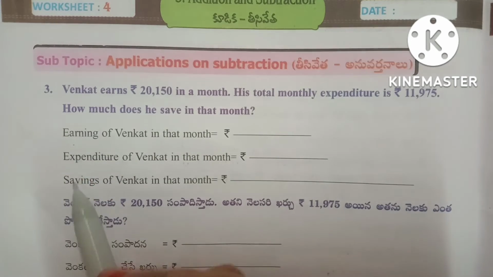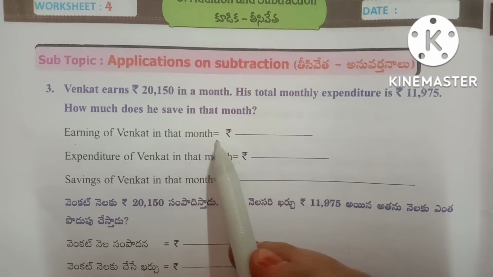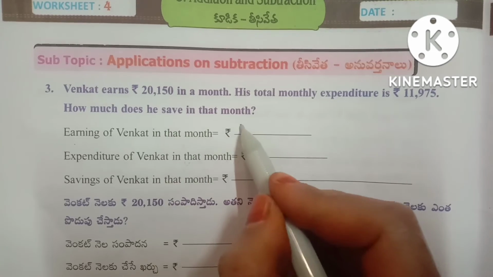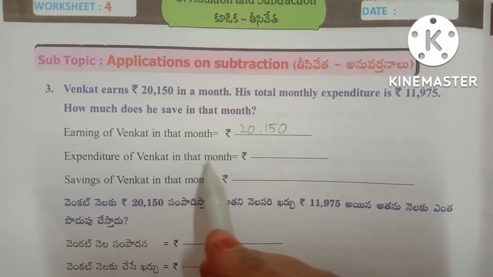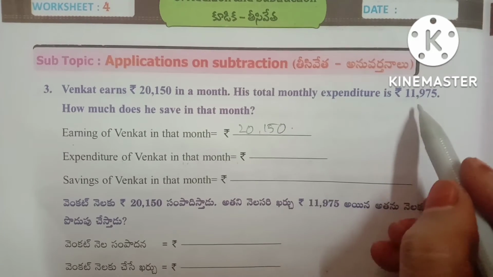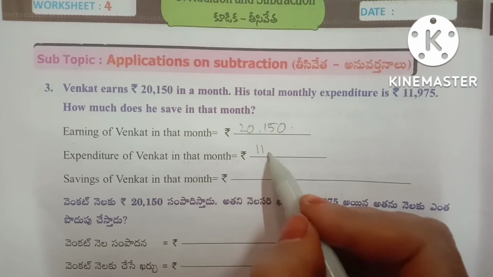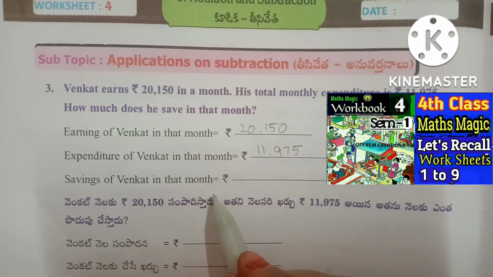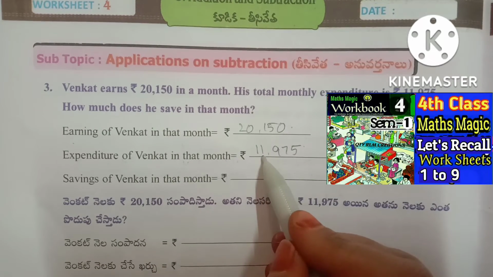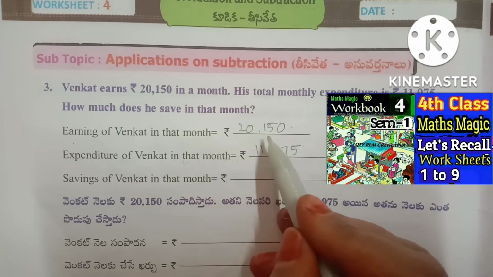Next, third question. Earning of Venkat in that month, that equal to 20,150 rupees. Expenditure of Venkat in that month, that equal to 11,975 rupees. Savings of Venkat in that month. Here we have to subtract 11,975 from 20,150.